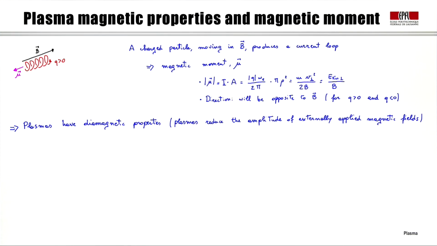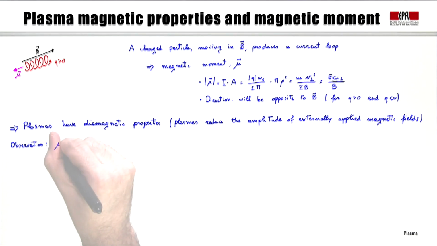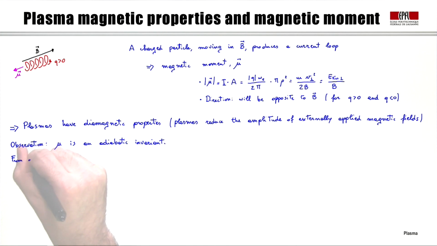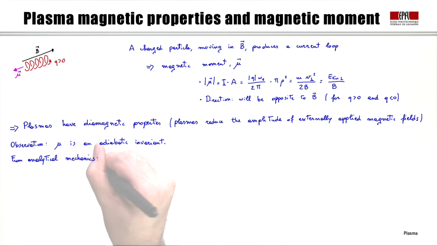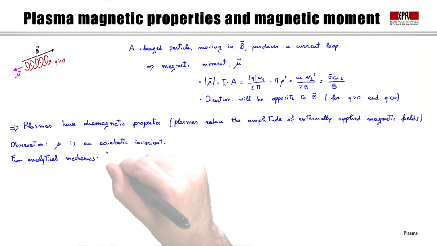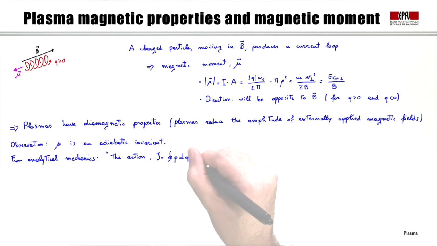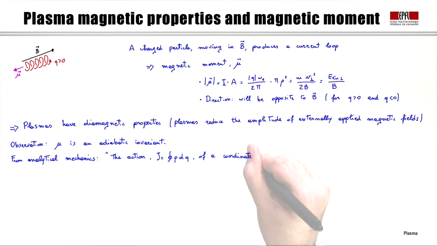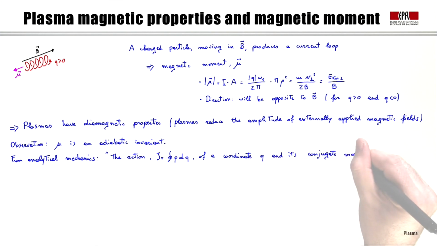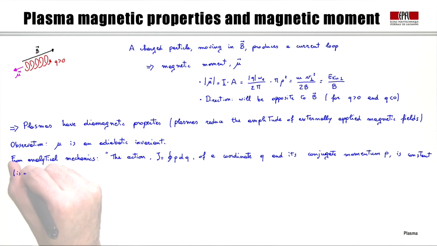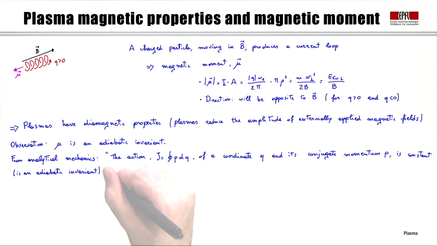Let me make an observation about the magnetic moment. In fact, the magnetic moment is an adiabatic invariant. What do I mean by this? Let me recall a result given by analytical mechanics. The analytical mechanics books tell us that the action, let's call it J, given by the integral of p dq of a coordinate q and its conjugate momentum p, is constant, or better, we will say it is an adiabatic invariant under a slow change in an external parameter.